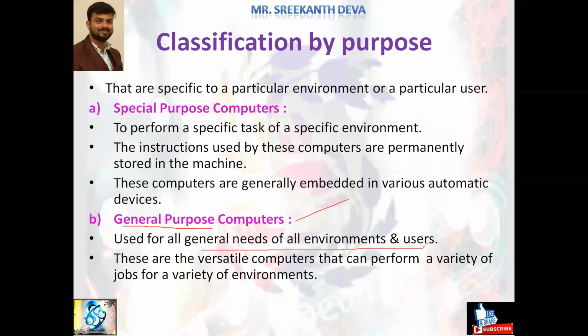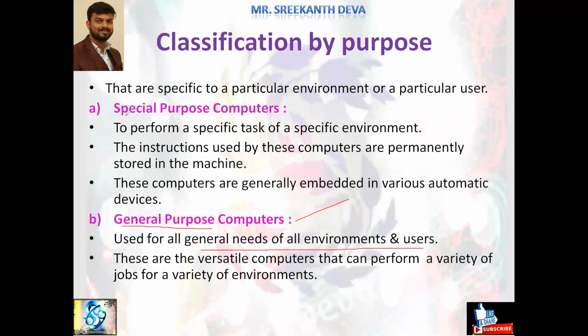General purpose computers can be used to solve any kind of problem. For example, they can be used to calculate accounts, do data processing operations, write letters, draw pictures, play games, listen to music, watch movies, and access the internet. Any kind of activity you can do with general purpose computers.